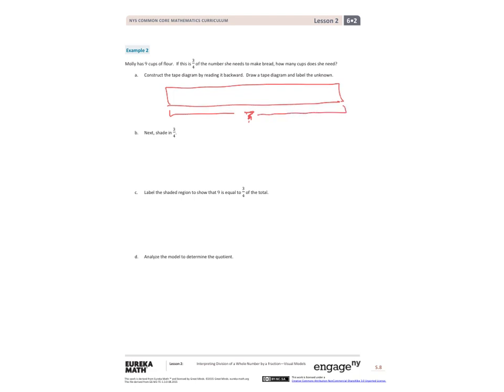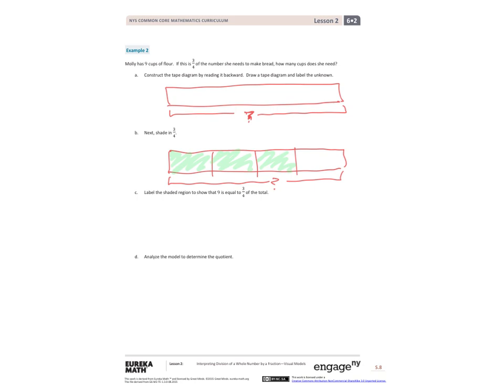But we do know, if I've got that same tape diagram, and I color in my 1, 2, here's my 3/4, but I still don't know how many cups this whole thing represents. Then they walk me through how to do this.